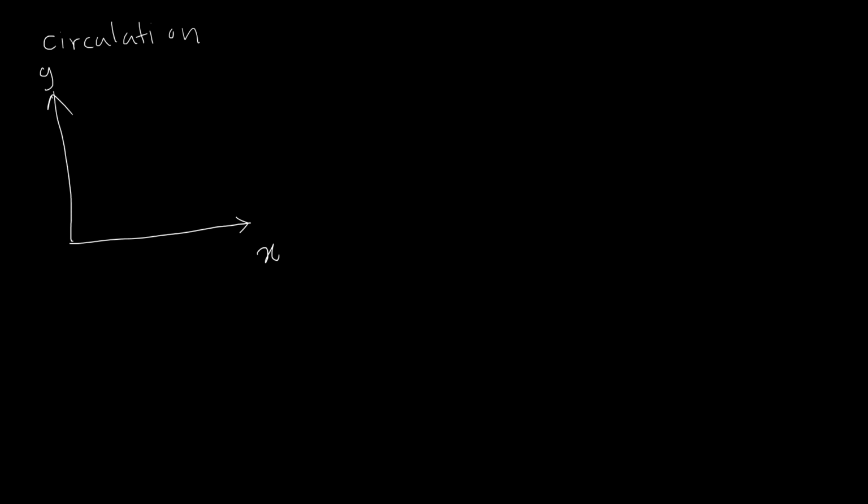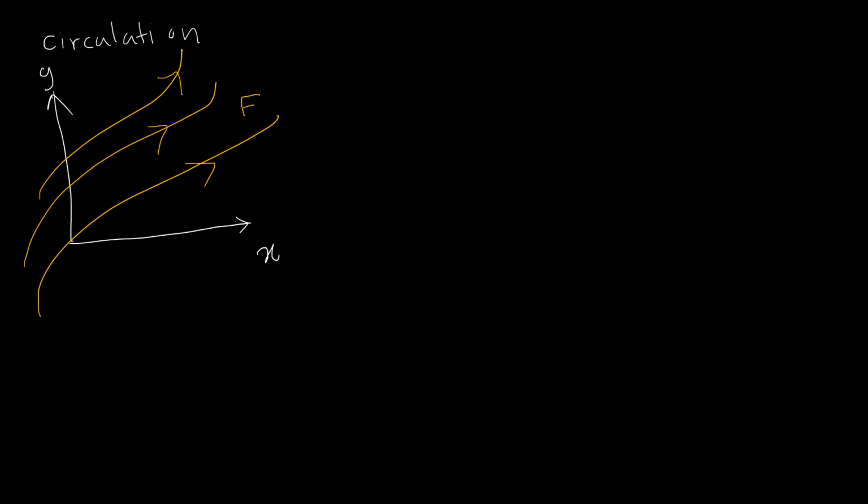Let's say my vector field goes like this on this plane, and this can be written as Fx i plus Fy j, and I want to calculate the circulation. In this example, I will select a small rectangular loop to calculate the circulation.